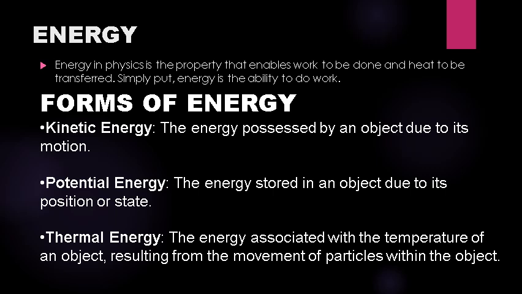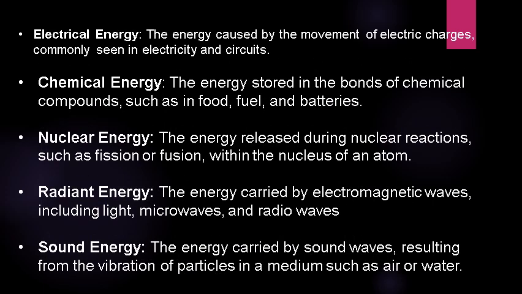There are different forms of energy. There are so many of them. We have kinetic energy, which is energy of a body in motion; potential energy, energy stored in a body due to its position or current state. We have thermal energy, which is energy associated with heat and temperature. There are so many of them.